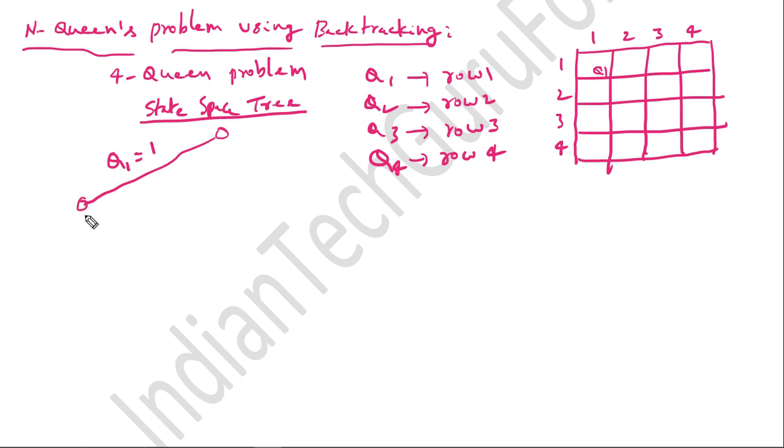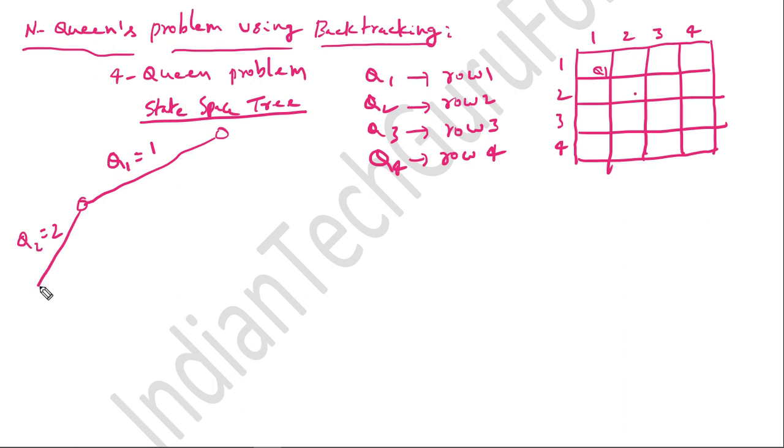Now there are three different locations in which we can place q2: the second column, third column, or fourth column. First, let me try to place it in the second column. So q2 equal to 2 represents that q2 is placed in the second column. However, if you place q2 here, it will be placed diagonally, so it violates the rule.